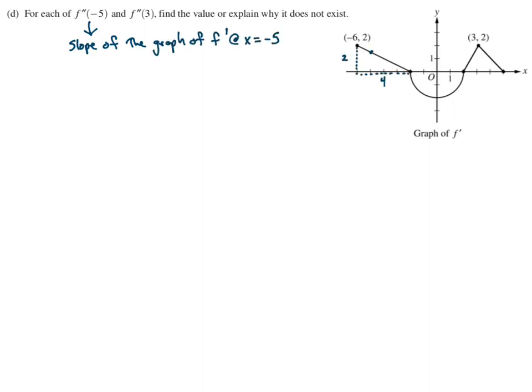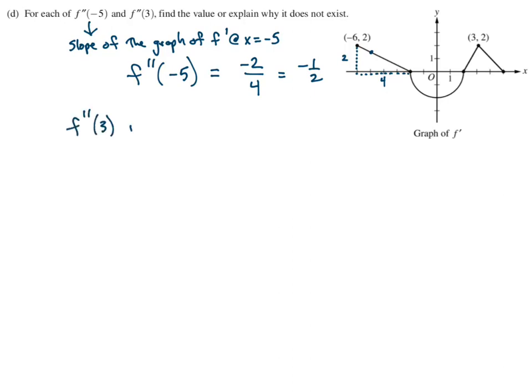They give me the graph of f prime, and so if I want to find the derivative of that, the second derivative of f or the first derivative of f prime, that would just be the slope at that ordered pair. So I'm just looking at this ordered pair right here, and I'm just figuring out what the slope is. I just do my rise over my run, and so I went down 2 and then over 4. So I think that f double prime at -5 would just equal -2 over 4, or -1/2 for the simplified version.